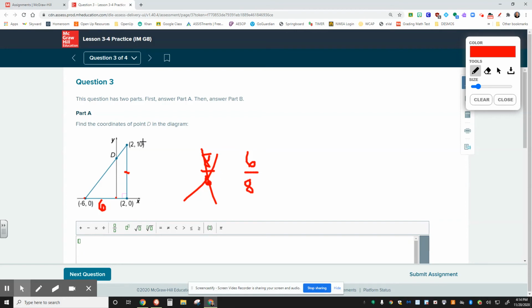Another way that we could do this is we could actually find the rate of change from here to here. And that would also help us with the scale factor. But let's just go with this piece. If we have 6 here and 10 here, then we have to have some of the ratio right here. This is 8 over here.